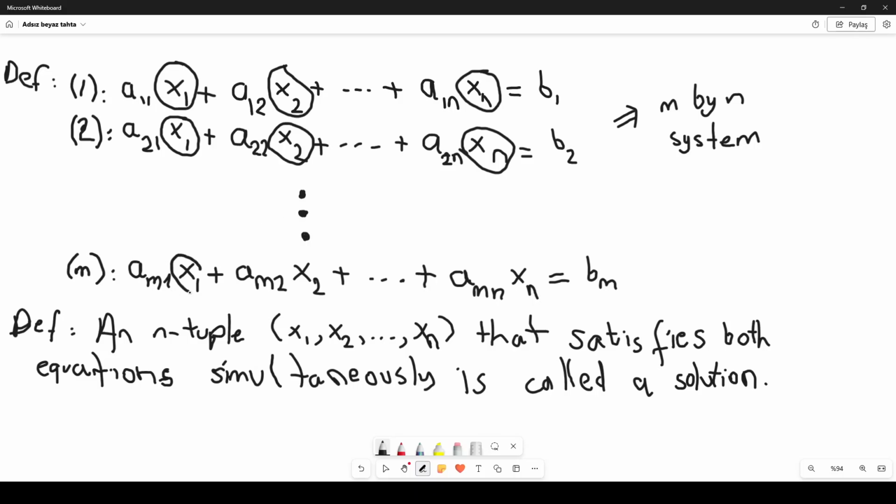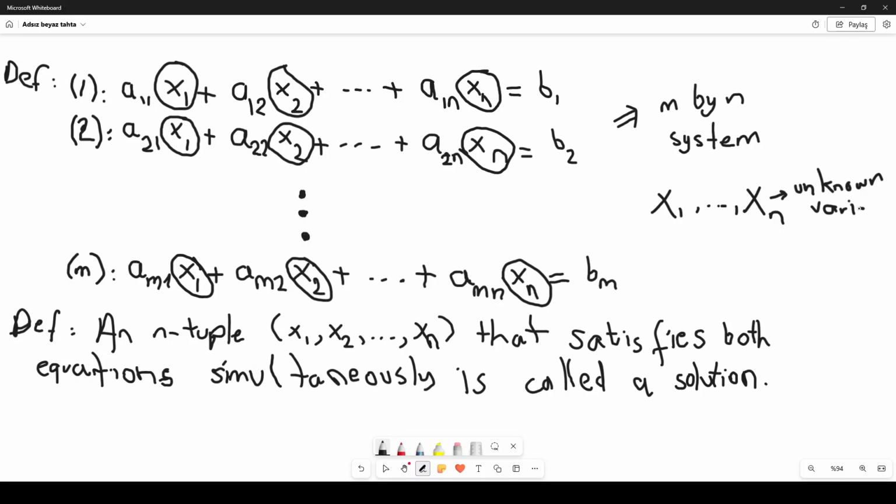In all of these equations, we have the same unknown variables, because this is what we are trying to find. So x1 through xn, these xi values, are called the unknown variables. In other words, what we are trying to find.